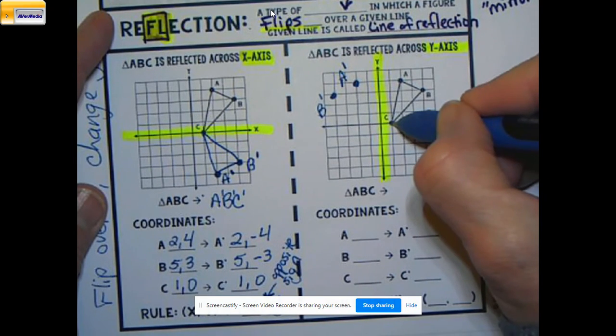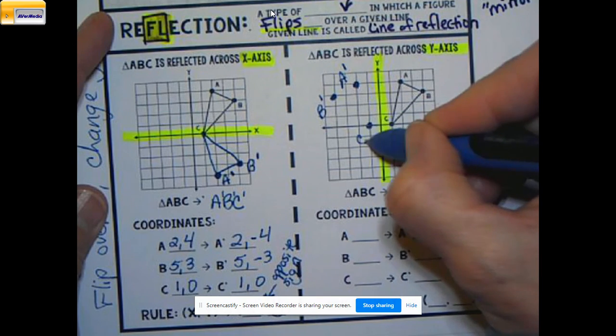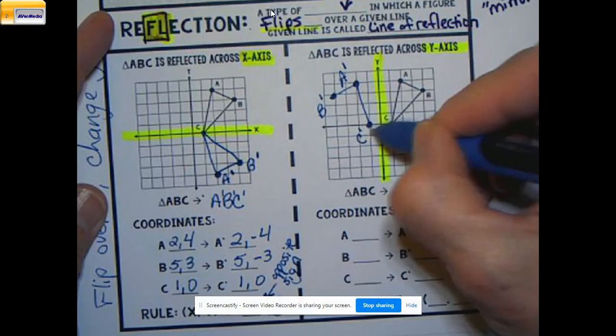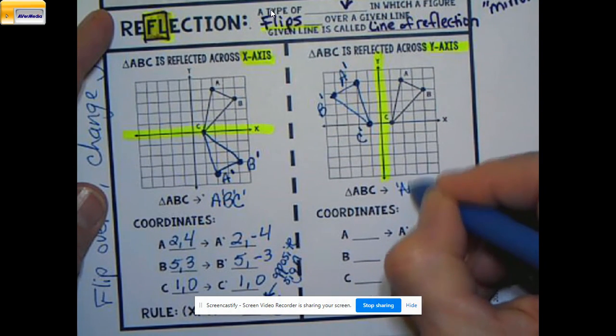Point C is 1 to the right of the y-axis, so it is 1 to the left. Equal distance away from that mirror. Connect the dots. Now I've got triangle ABC prime.